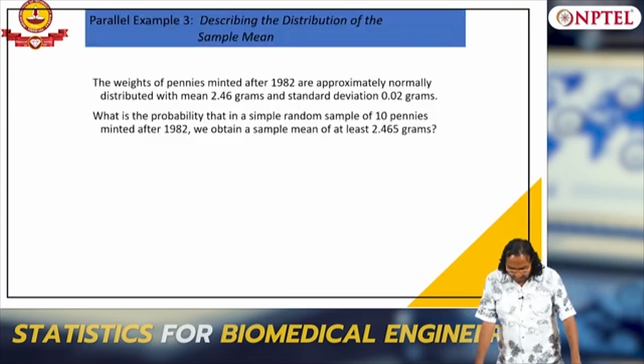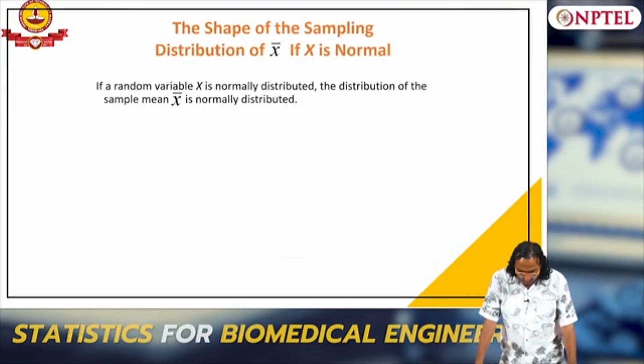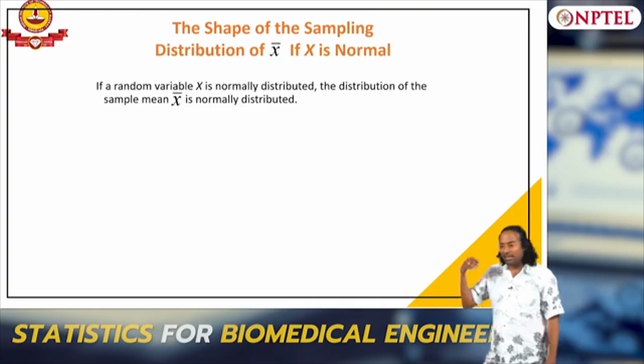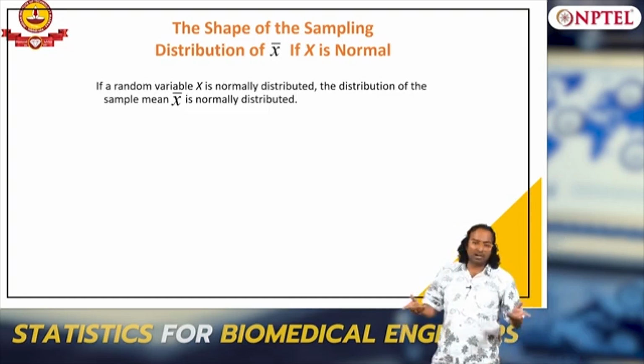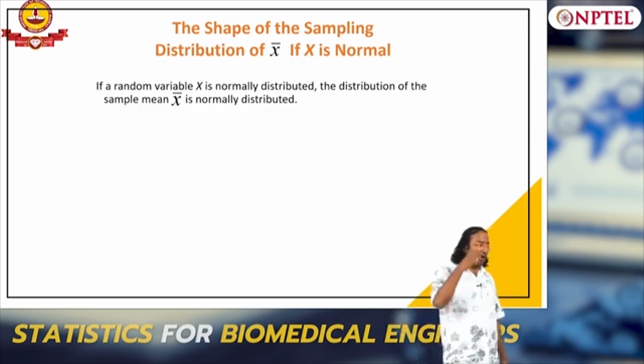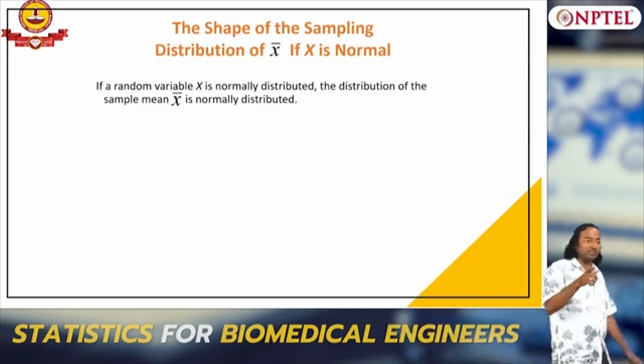I have given some examples here. The shape of the sampling distribution of x bar: if x is normally distributed, then even better, x bar is 100% normally distributed. I have not made any assumption on x.